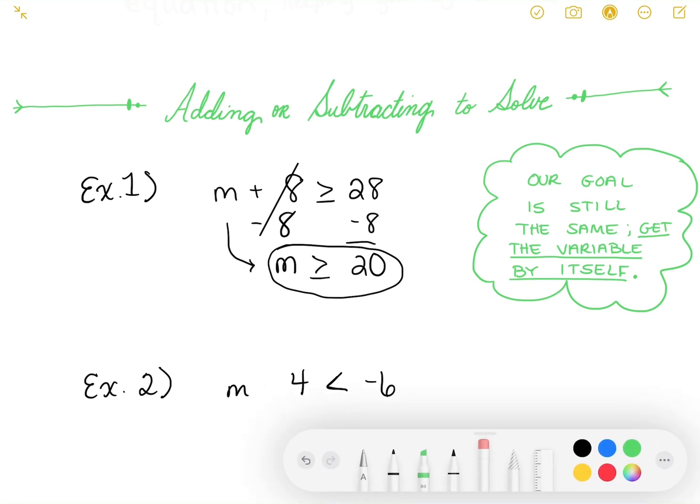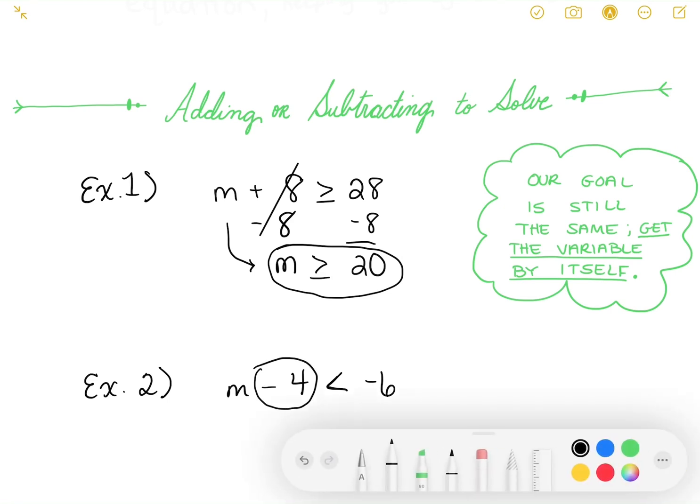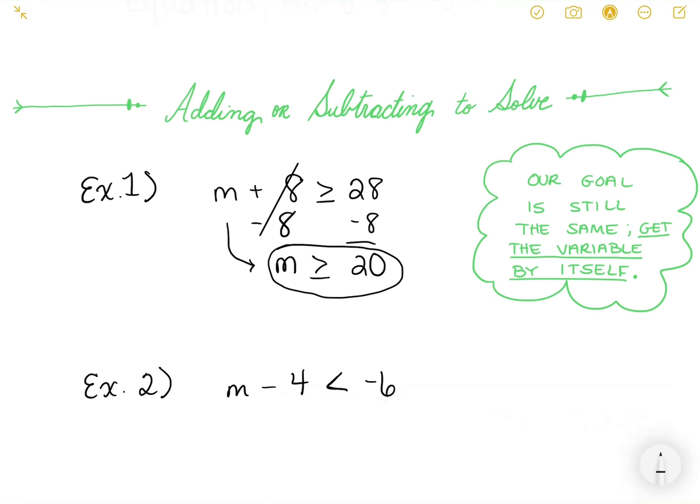I'm actually going to change this to m minus 4. Okay, so m minus 4 is less than negative 6. Now, because we have a negative in here, we need to keep in mind our negative and positive rules. In order to get my variable alone, I have to cancel out minus 4. To cancel out minus 4, I have to do its inverse, or add 4.